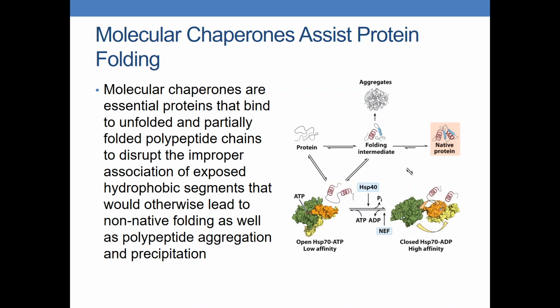Well, a family of proteins that are collectively referred to as heat shock proteins facilitate this process. So molecular chaperones, heat shock proteins, these labels are used interchangeably. Heat shock proteins are simply a class of proteins, a class of chaperones, in fact, that are overexpressed under conditions of thermal stress.